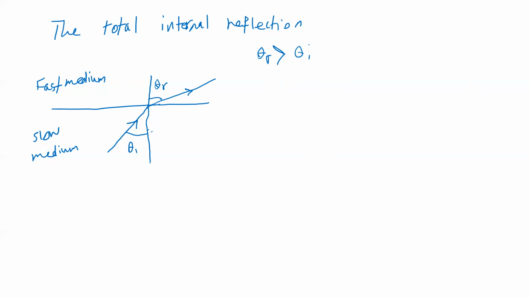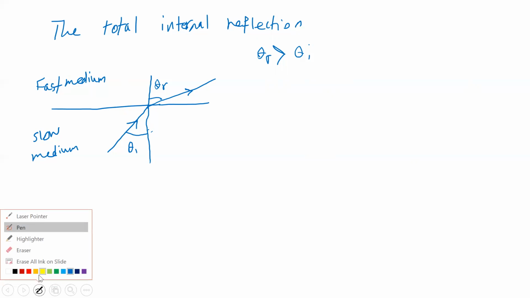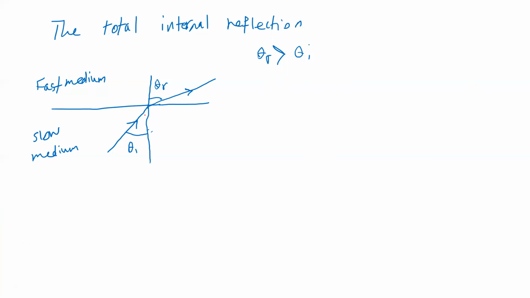If I increase the incident angle, the refracted angle becomes bigger and bigger. I make this one a little bit bigger, so the refracted angle becomes a little bit bigger too. If I make it larger, we get to a point where the refracted angle is 90 degrees.